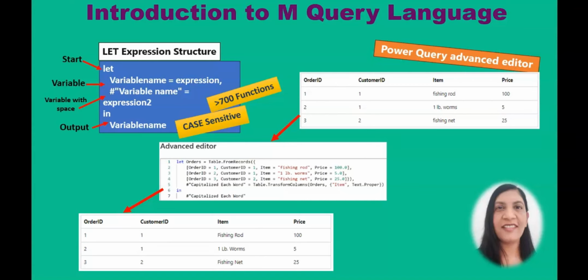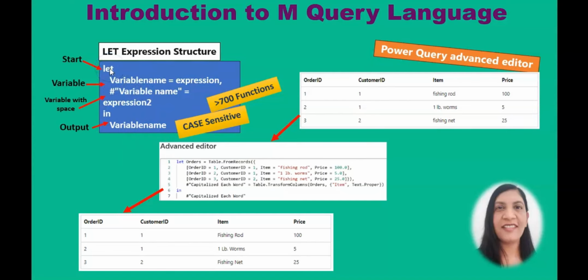The third thing is, same as other programming languages, mQuery also has its own structure, and that structure is here, as you can see in blue. It starts with the let word, let, and then it ends with the in statement, where you call out the variable you used in the let statement as the output.